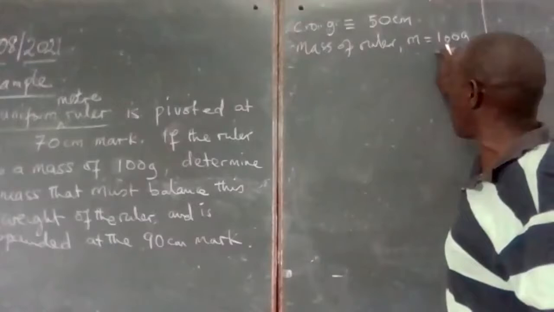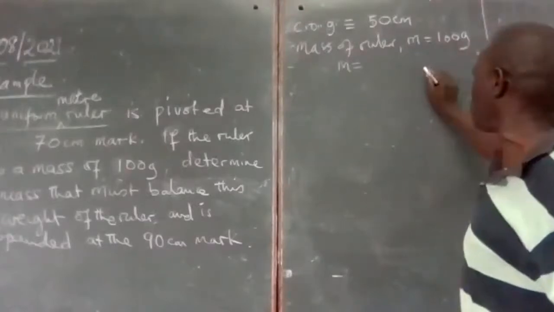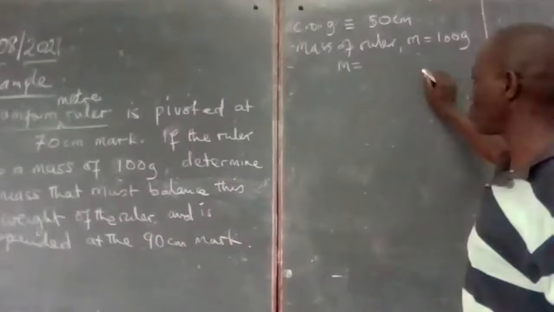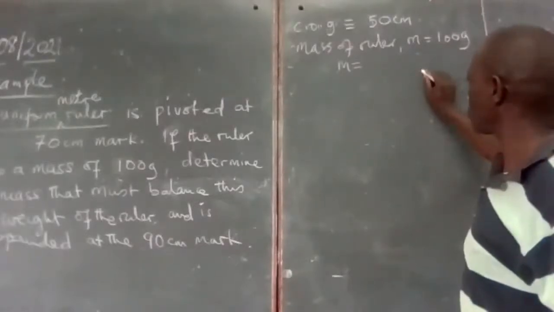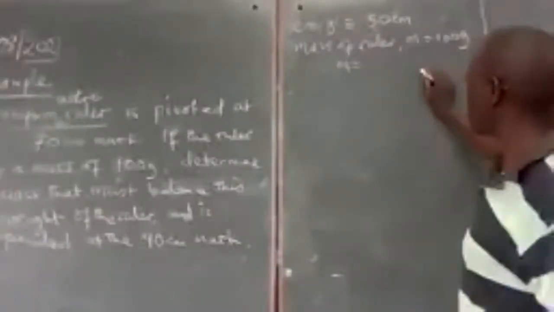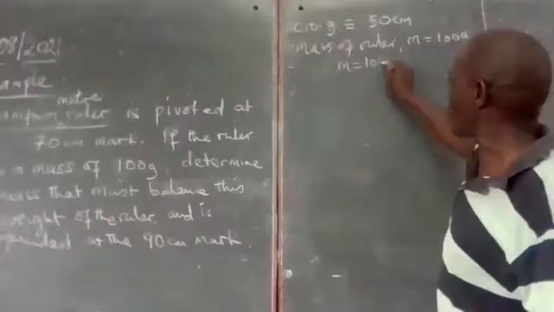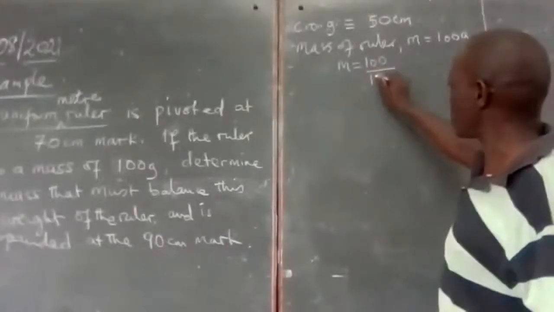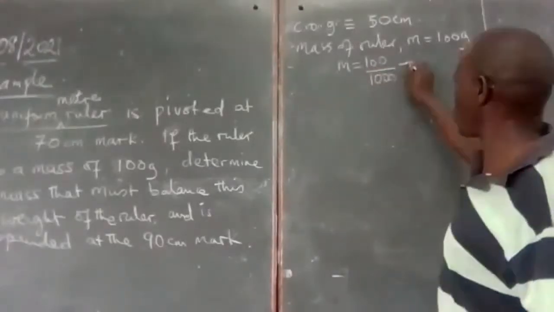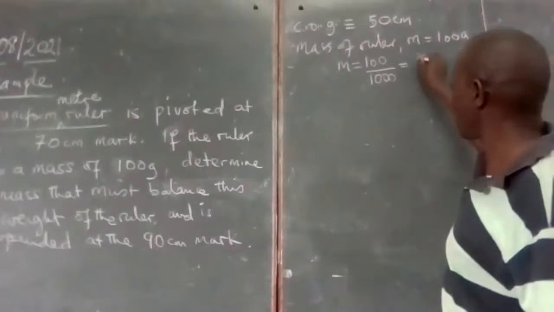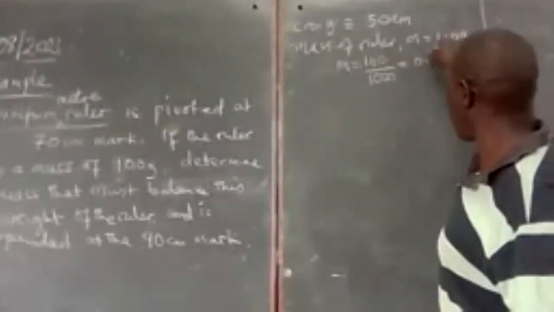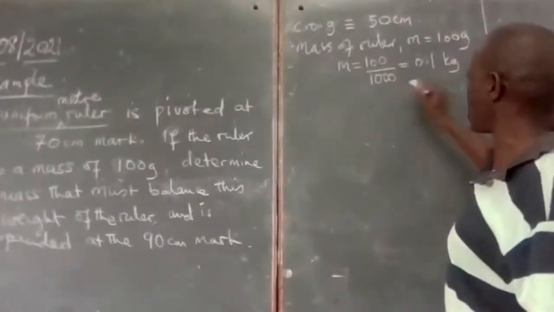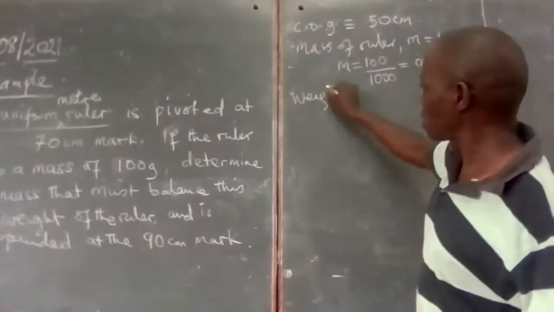So let us first convert this mass to kilograms. What do I do? 100 grams divided by 1,000. Divide by 1,000. And what do I get? 0.1. 0.1 kilograms. Now I want to get the weight of the ruler.